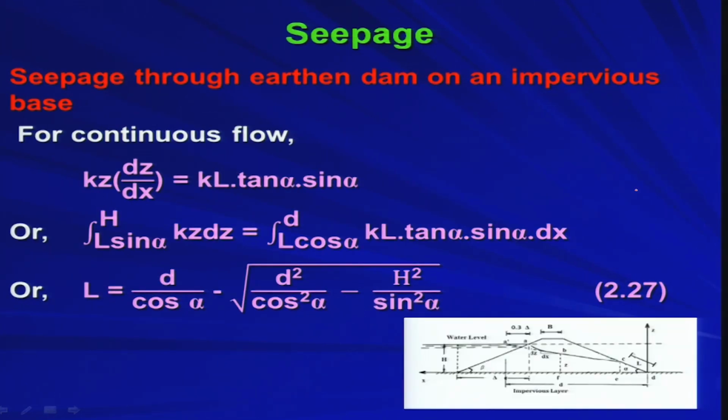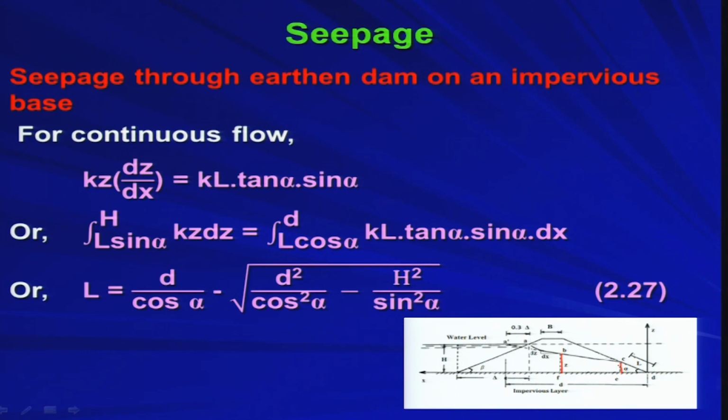Now, to satisfy the equation of continuity for continuous flow, whatever flow is happening through section BF, the same amount will be happening through section CE. There is no issue, because whatever seepage enters section BF goes out through section CE.